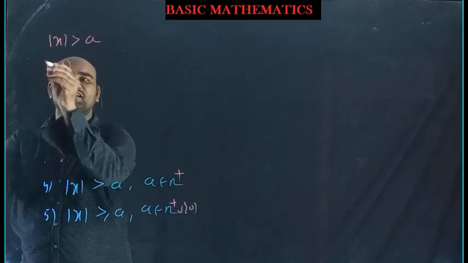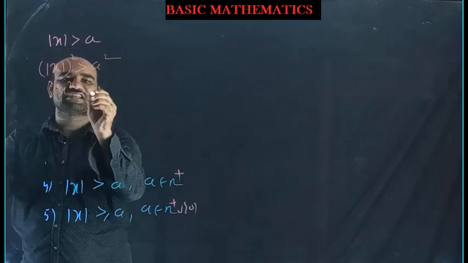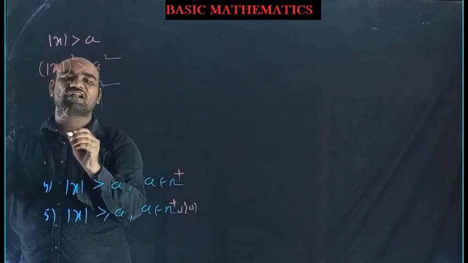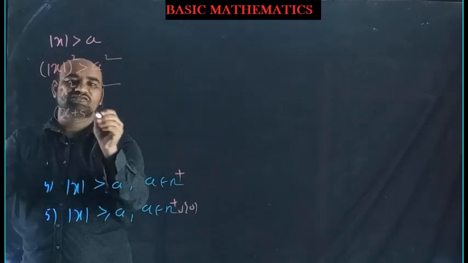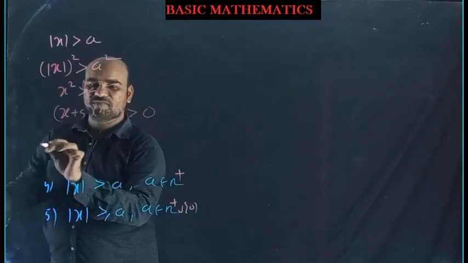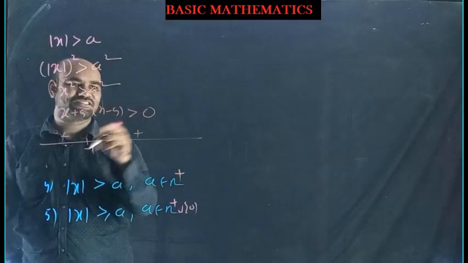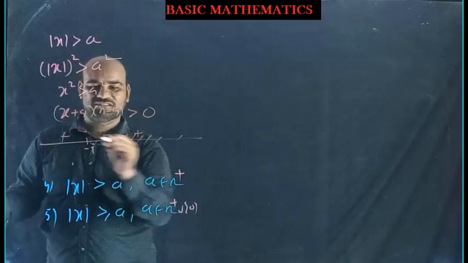Mod x square is greater than a square, or x square greater than a square, or (x plus a) into (x minus a) greater than 0.